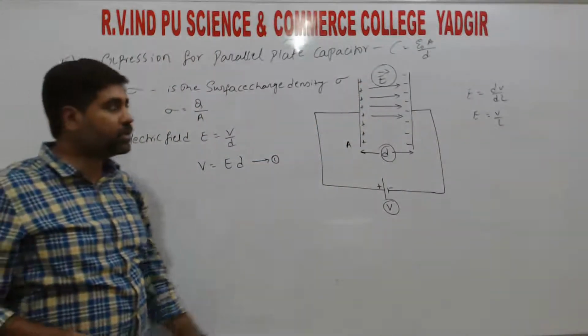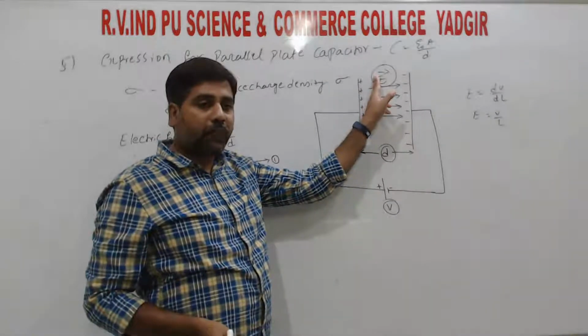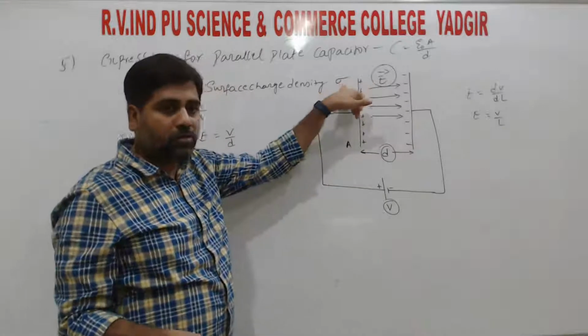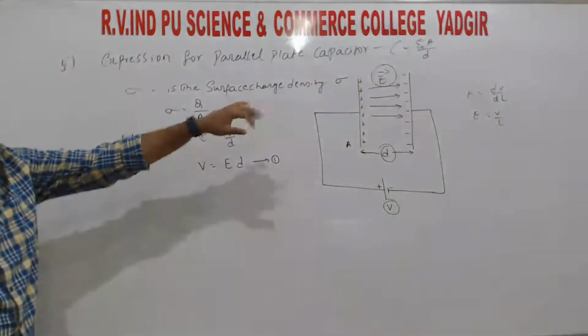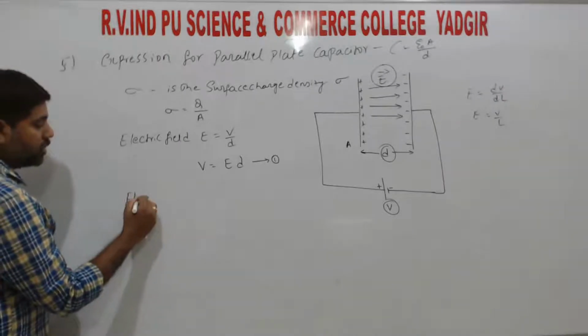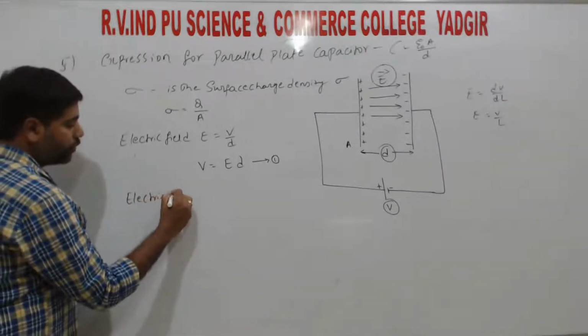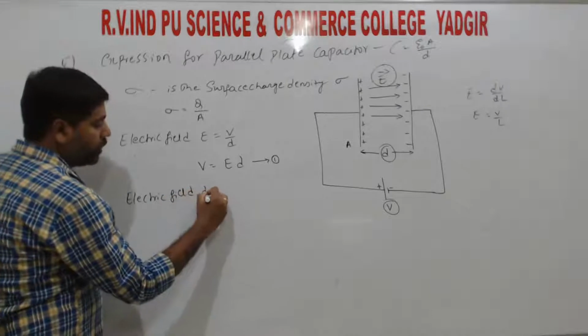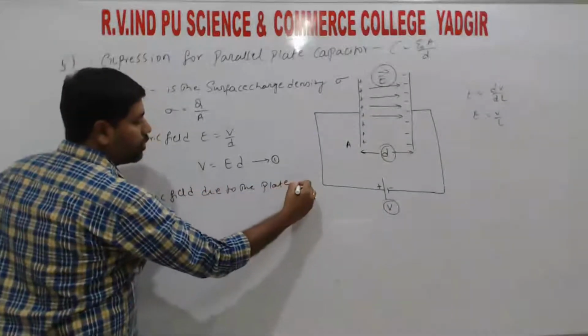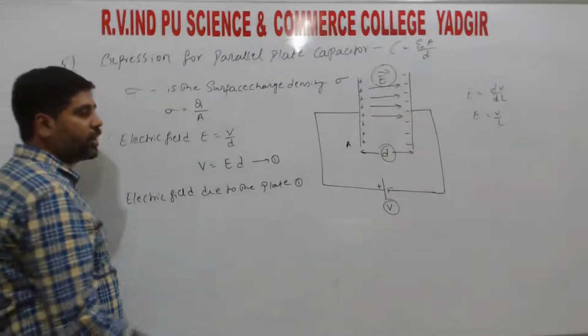Using Gauss law, we can find the electric field in a uniform plate with uniform surface charge density. So again we have the relation for electric field due to plate 1, due to the first plate or first conductor.